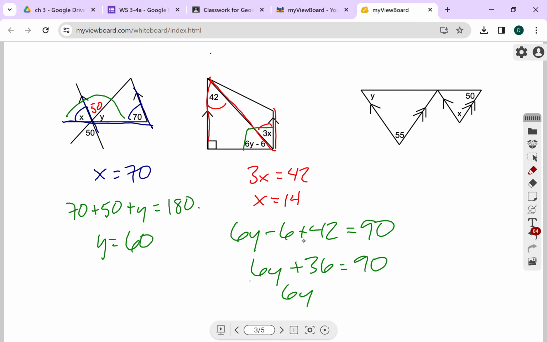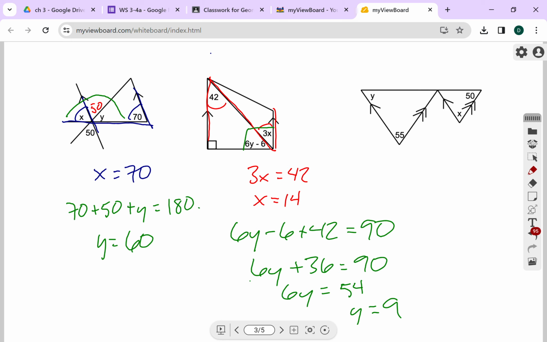So then 6y equals 36 off of 90 is 54. y equals, must be, what was that 18 again? Whoops, not 18. That was silly. Should be y equals 9. I was thinking about something completely different.